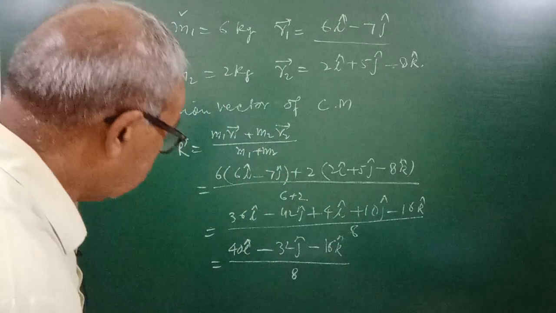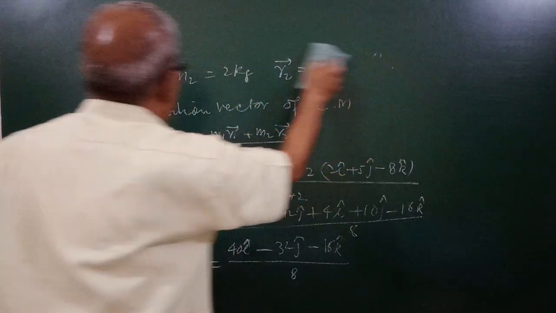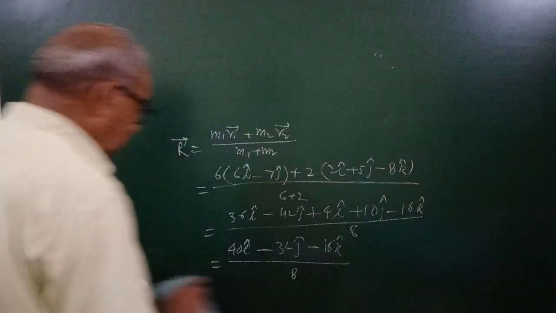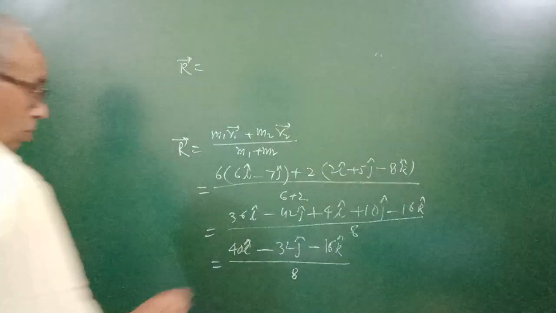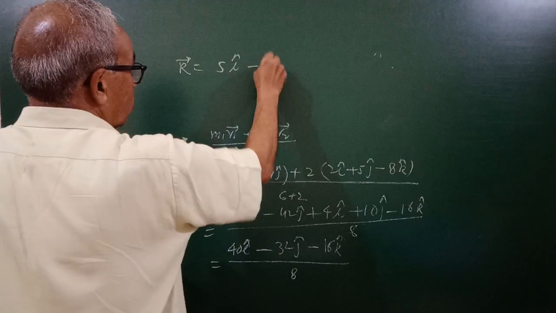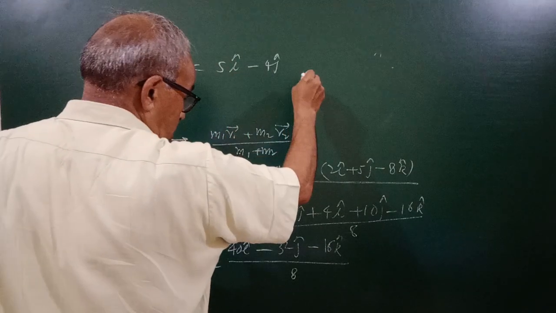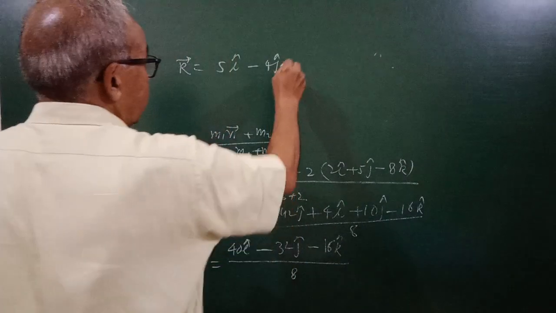So what is this? Ultimately the answer will be how much? Vector R is equal to 5i cap minus 4j cap minus 2k cap.